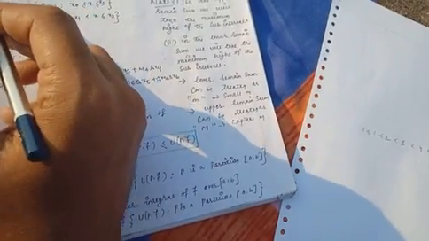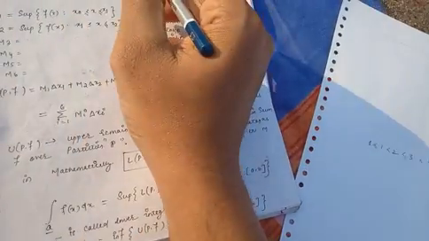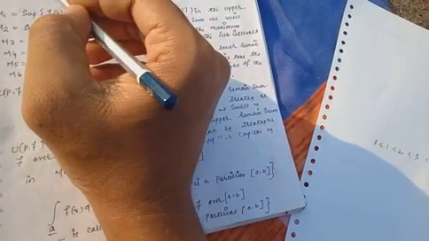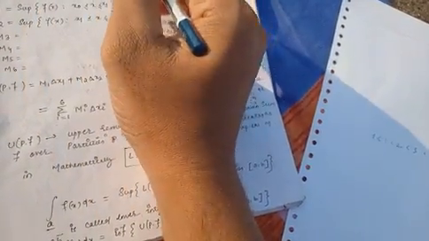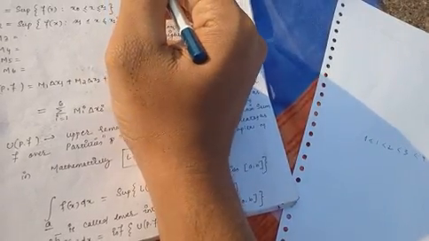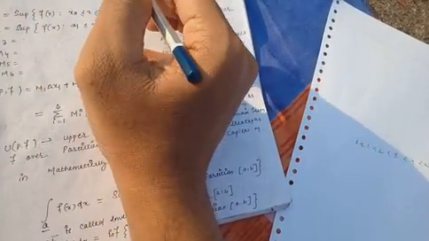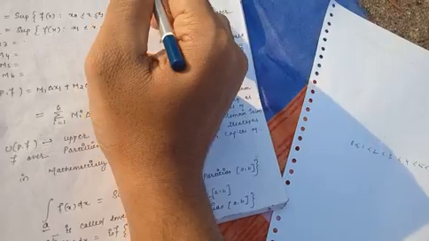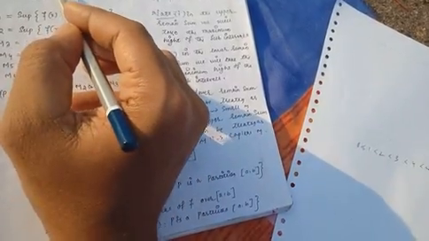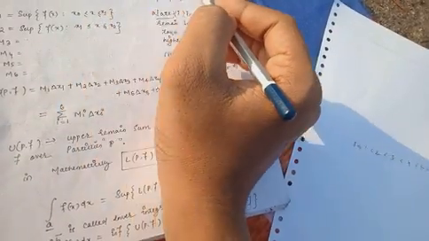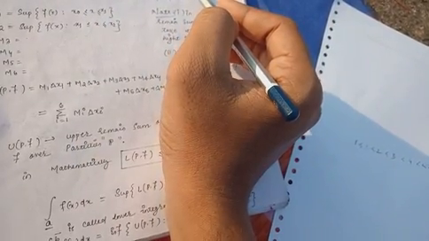So L(P,f), the lower partition, can be written as m1 del x1. Small m1 times del x1, where del x1 is the width. So m1 del x1 plus m2 del x2 and up to m6 del x6.